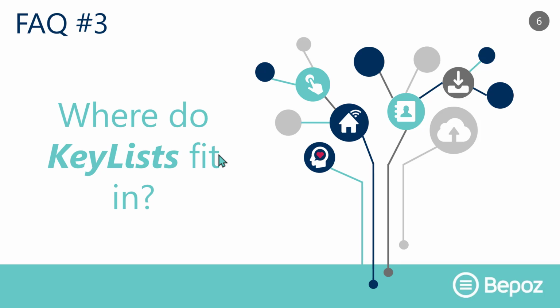There's a handful of other things that we'll get into another time that key lists can be used for as well. But really, just any products that are not grouped together based on their product list grouping can be grouped together using key lists.